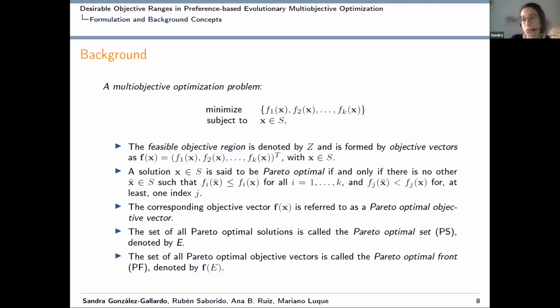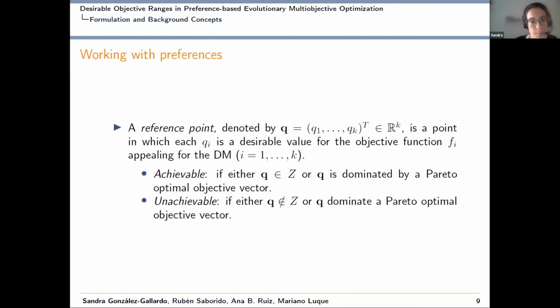Well, in order to work with preferences, we define the concept of a reference point. A reference point, denoted by q, is a point in which each value corresponds with a desirable value for the objective function. These values are given by the decision maker. We can distinguish two types of reference points. The first of them is an achievable reference point.